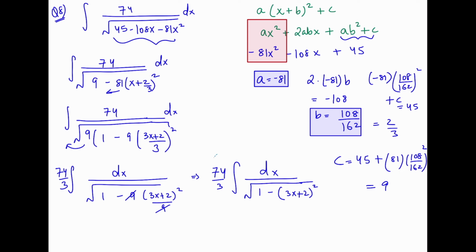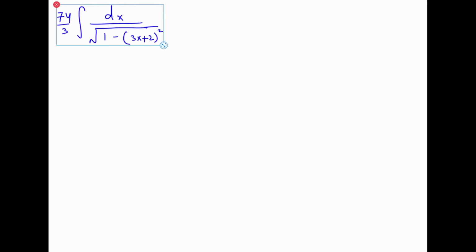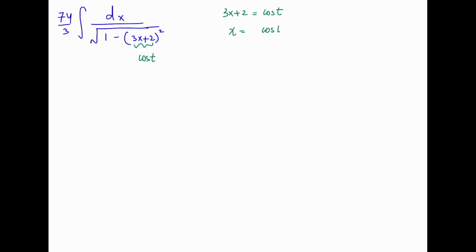I'm going to copy this, take it to the next page to further elaborate. So here, I would want to substitute this to be cos of t, so this is going to be 3x plus 2 equals cos of t. So x is equal to minus 2/3.